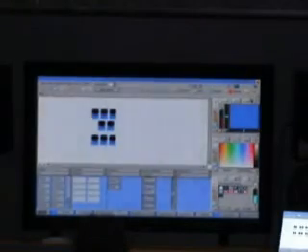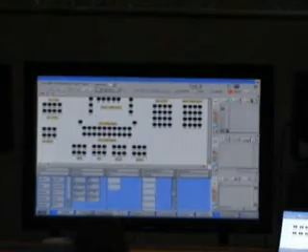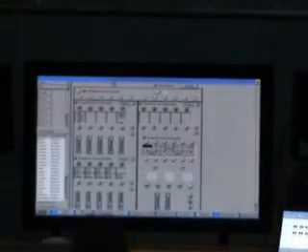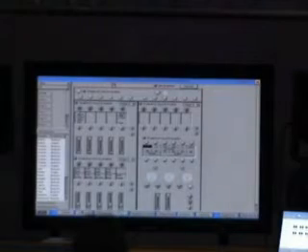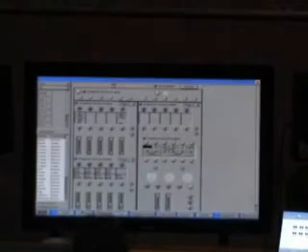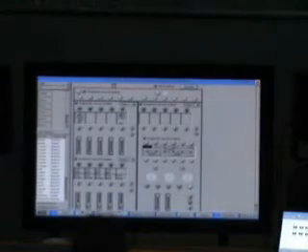Okay, so next thing we're going to have a look at is the surface of the console. So this is a sort of a virtual version of what I'm looking at. Now, again, at the beginning, as I said, there's all sorts of different sized hardware. But every single lump of each console is the same.